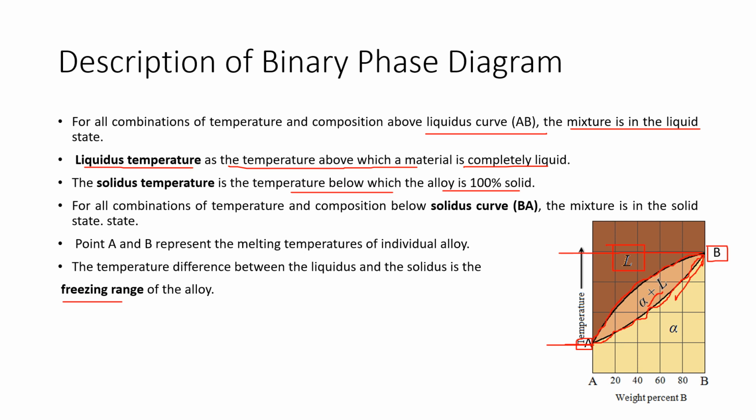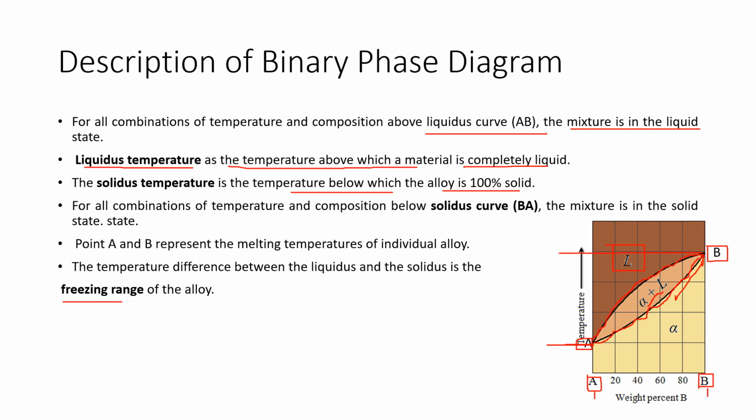Alpha is represented for the solid. At point A, the composition of A is 100%, while the composition of B is 0. Similarly, at point B, the composition of A is 0% by weight.